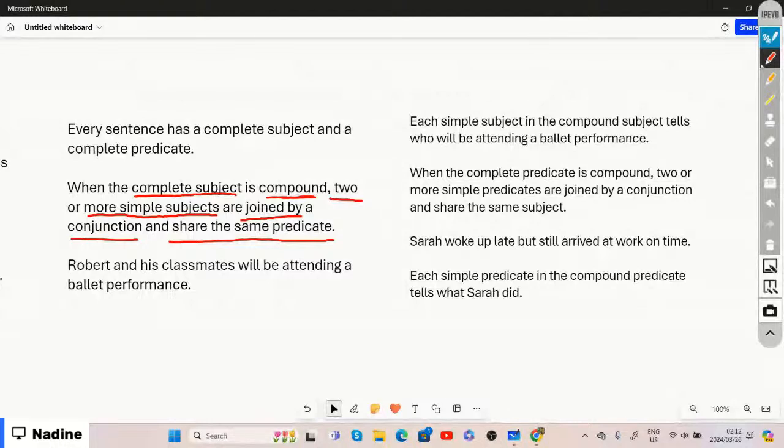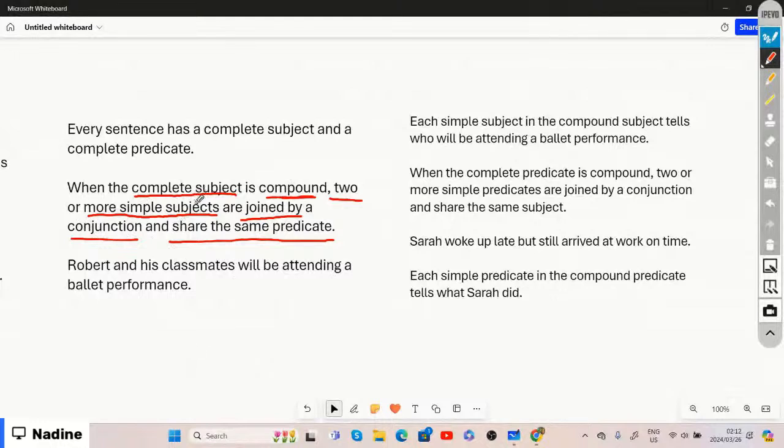For example, Robert and his classmates will be attending a ballet performance. So, Robert and his classmates will be attending a ballet performance, right?